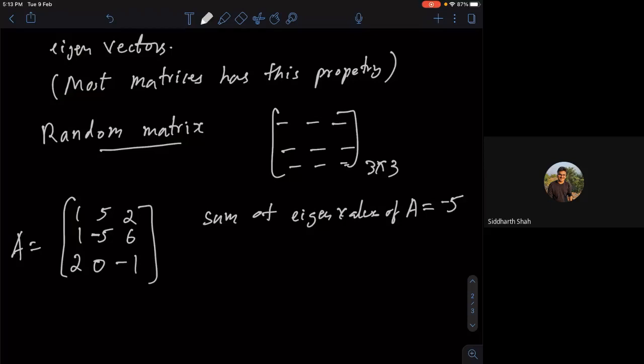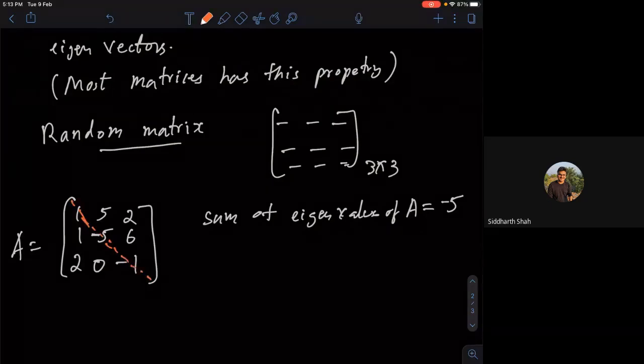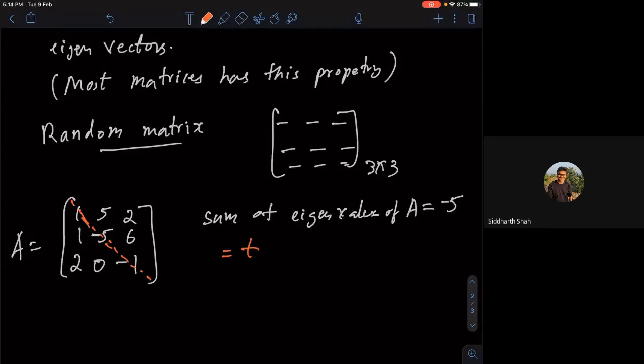And why is that? Because we know that the sum of the eigenvalues is the sum of the diagonal elements. Okay, so whatever is here, this is the sum. So this is equal to what is called the trace of the matrix, or the sum of the diagonal elements.